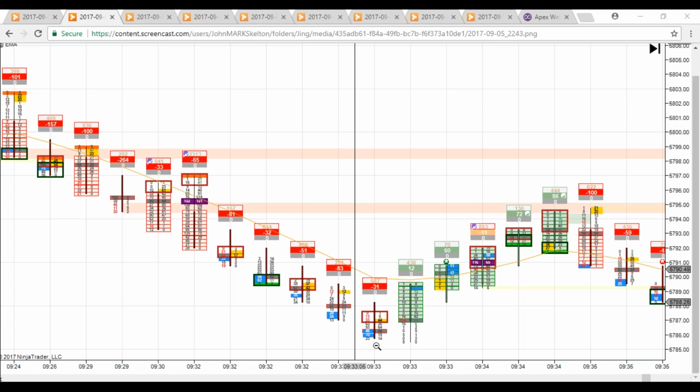At this point here, I'm expecting a pullback, if not a reversal. After 80 ticks, I'm probably just getting out myself. But if I want to give it any room, where I would move my personal stop to is probably the point of control on this bar back.